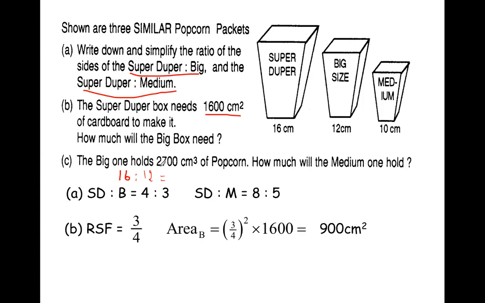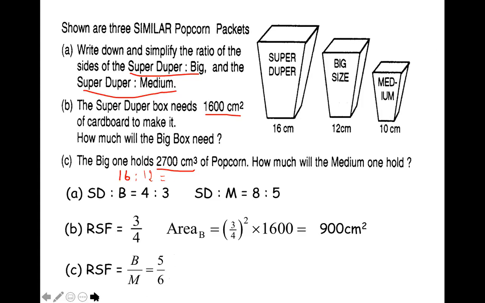Now the big one holds 2,700 centimeters cubed. So now they've told us we're looking at volumes here. The big one, which is this one. How much will the medium one hold? So the medium one should be less. So the reducing scaling factor would be 10 over 12. So 10 divided by 12 is the same as 5 divided by 6.